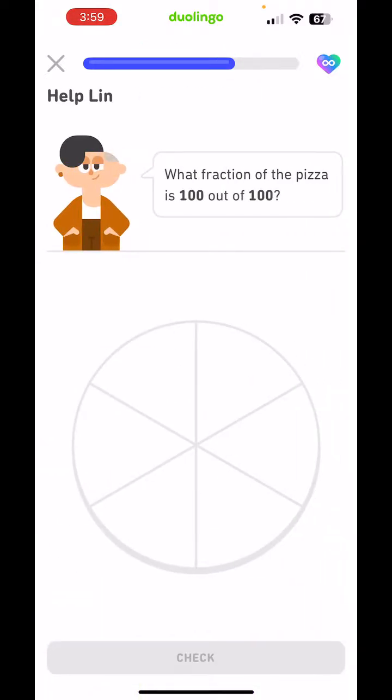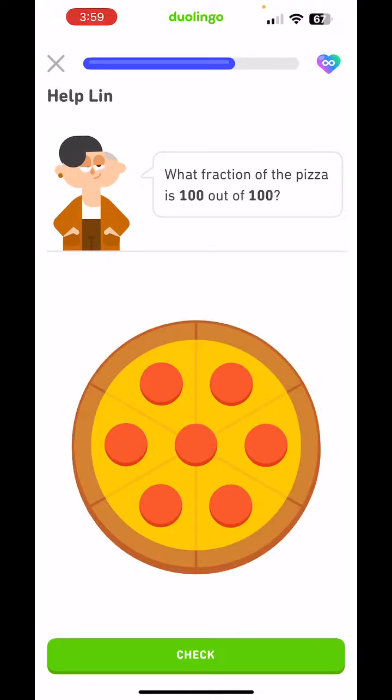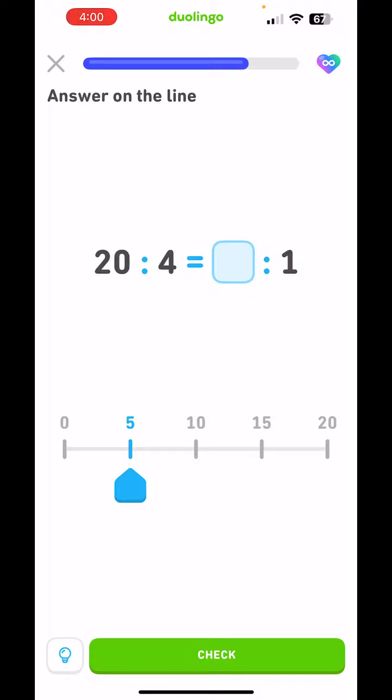What fraction of the pizza is 100 out of 100? So 100 out of 100 would be 1. So we'll highlight all of those. There we go. And now we have 20 to 4 equivalent to x to 1. Same situation. 4 divided by 4 is 1. So 20 divided by 4 is what? That would be 5. So we can assume x is 5.